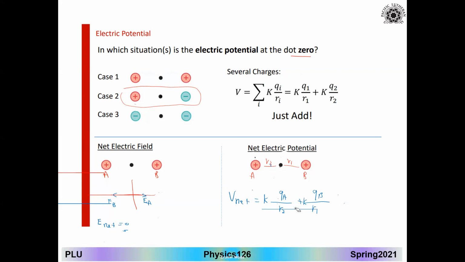If R1 equals R2, I end up with V total, or V equivalent, equal to K divided by R times QA plus QB.